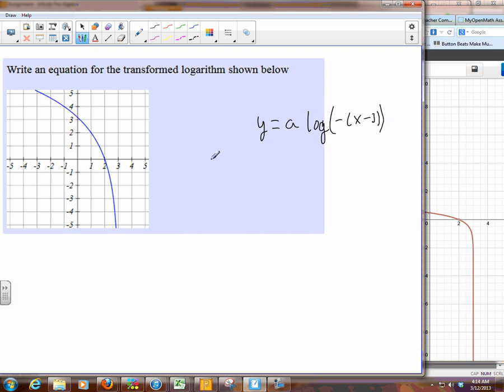And since I know it passes through this point 1, 2, I'm going to substitute those values in and solve for a. Oops, I'm jumping ahead of myself here.